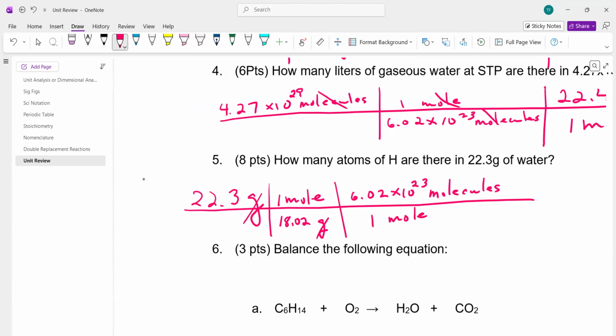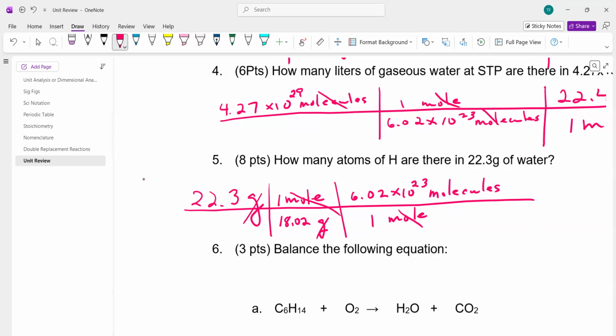Hey, Professor. This is where I keep not figuring this out. On my notes, if I turn mole to molecules, I put Avogadro's number on top, because the moles have got to cancel, like right here. But then in the other questions, I'm going from grams to moles, and I also put 1 mole over 18.02.